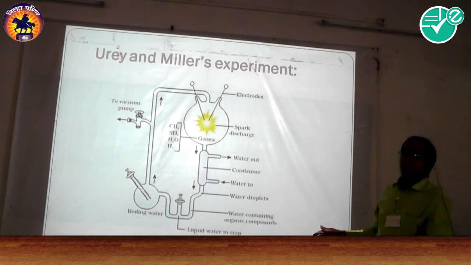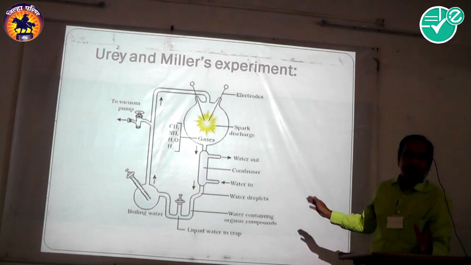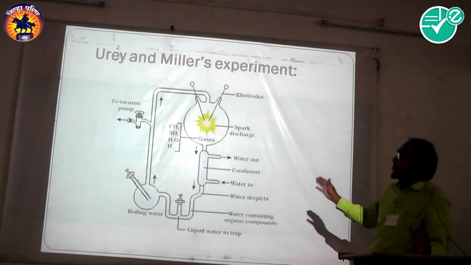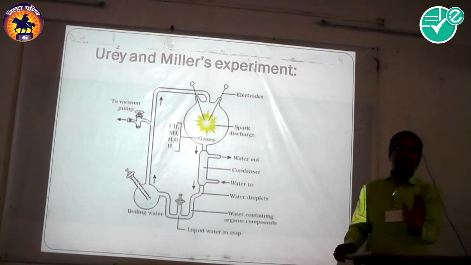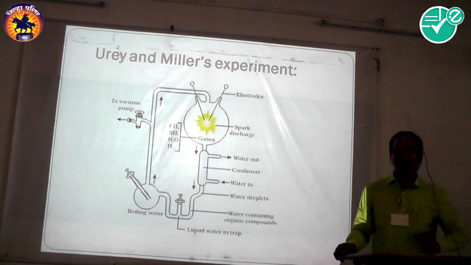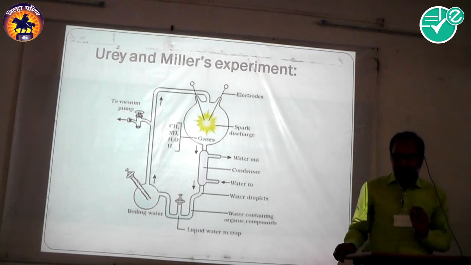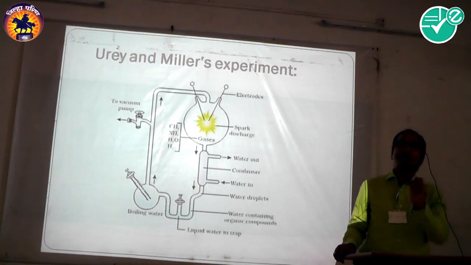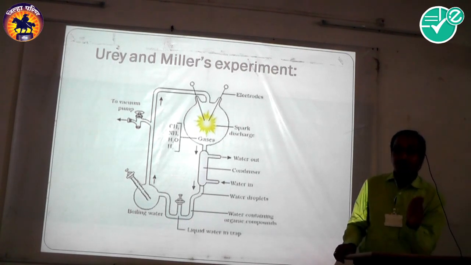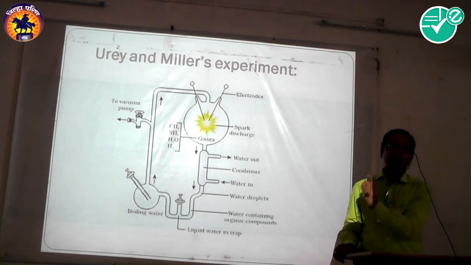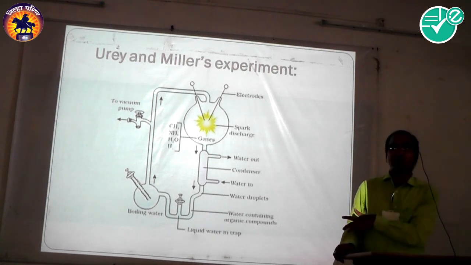So this is a vital proof of this theory, that is Urey and Miller's experiment. Basically this total experiment was carried out by Miller, but Urey was his mentor, so he gave his name, that is Urey and Miller's experiment.